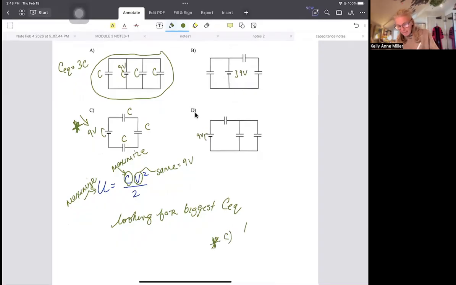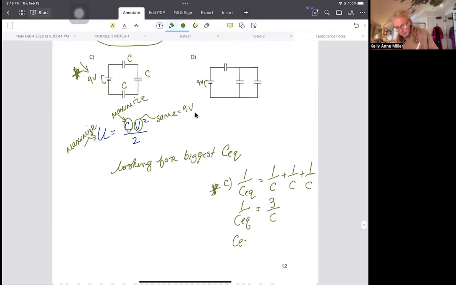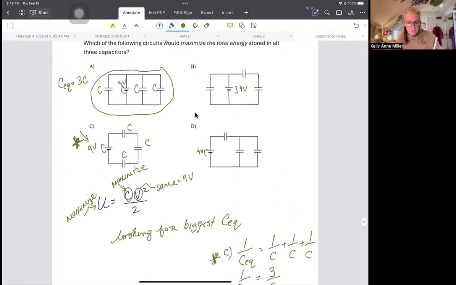The equivalent capacitance for configuration C is going to be: 1 over the equivalent equals 1 over C plus 1 over C plus 1 over C, which equals 3 over C. And so the equivalent capacitance in that situation is just C over 3, so a third of a C. So C is going to be the smallest equivalent capacitance, and A is going to be the largest.